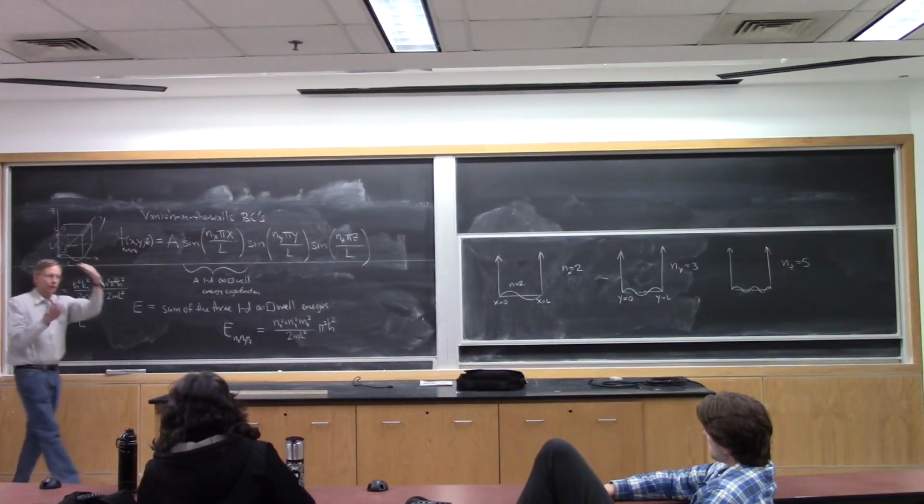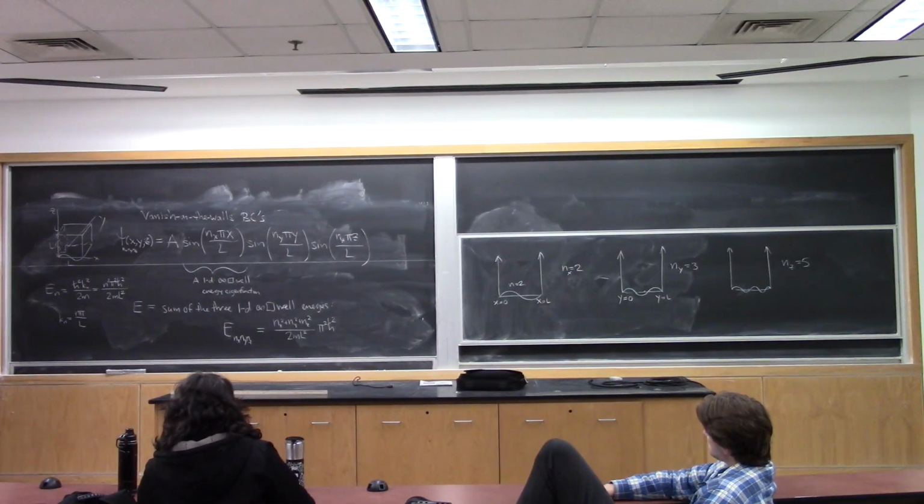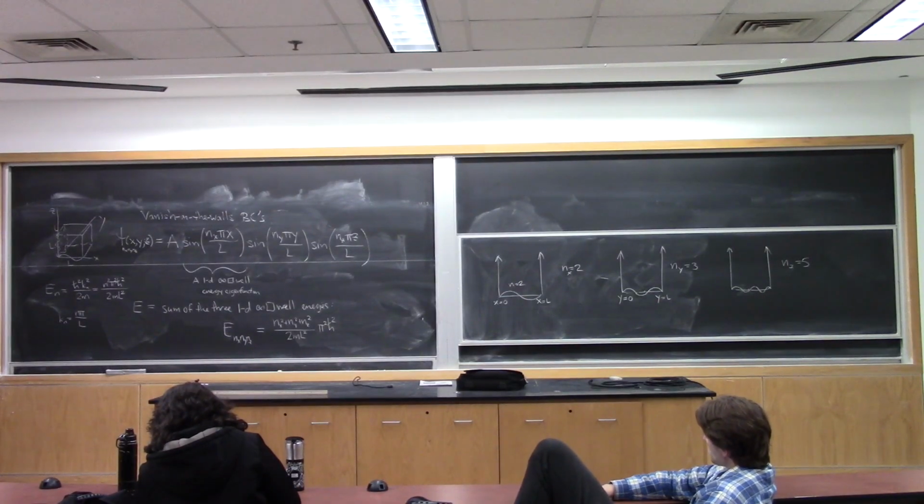Psi is 0 on every wall of the box because the potential energy is infinity outside the box, so the particle can't get outside of the box. Just like in the one-dimensional infinite square well, where the wave function is 0 on either end, here it's 0 on every face of that box.